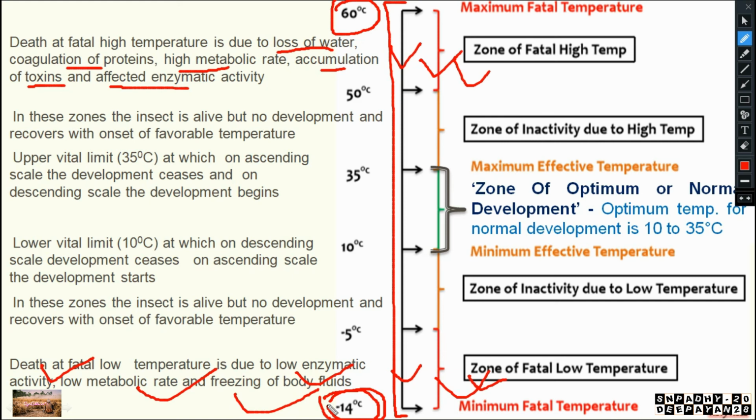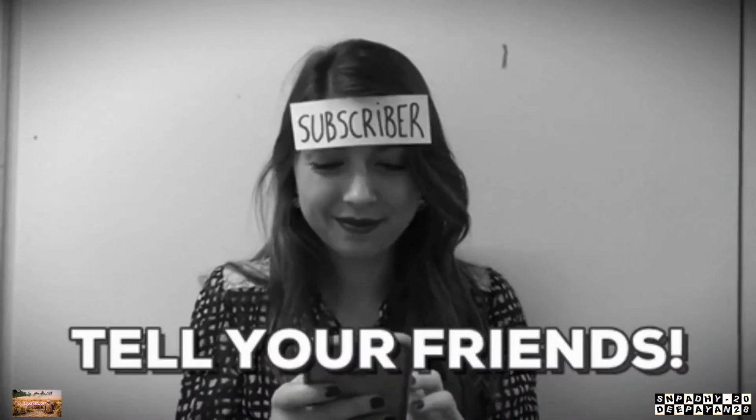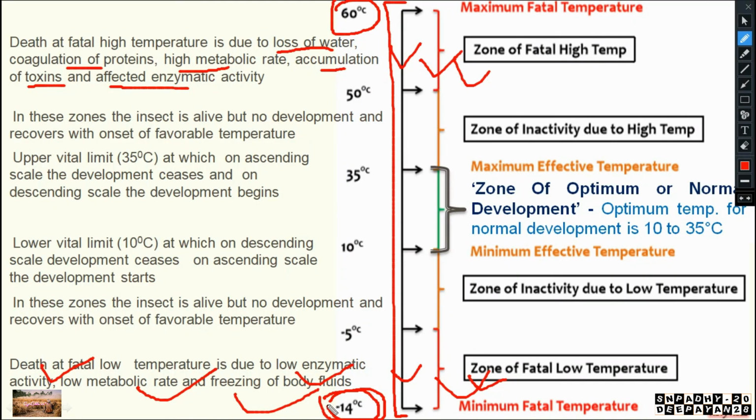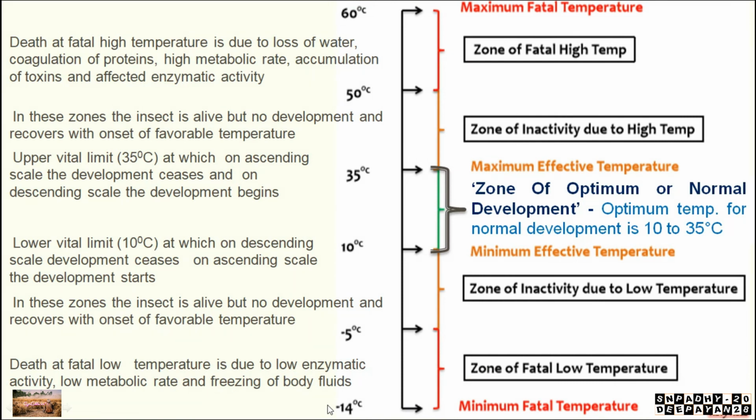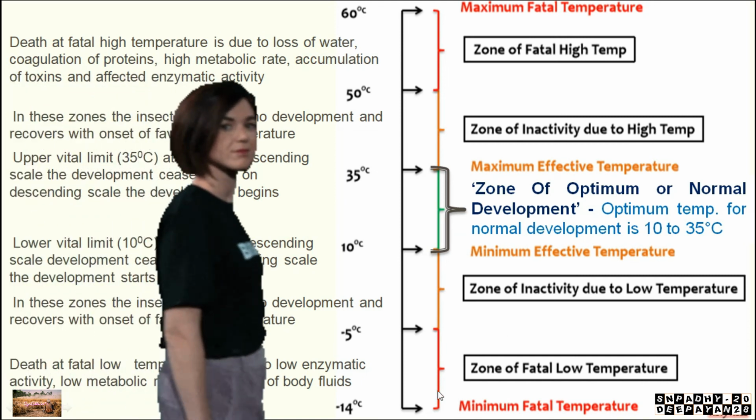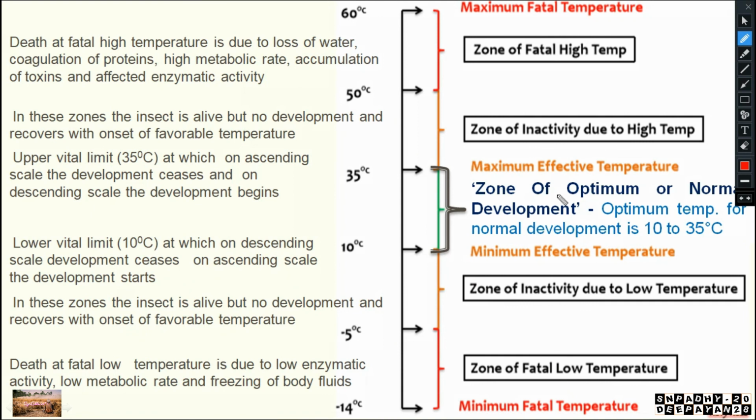Got my point? If any kind of doubt is there, you can ask. So what are the things we have covered in this video? We have understood 6 terms. What are those terms? Maximum and minimum effective temperature. Synonyms are the upper vital limit and lower vital limit, this one over 10 and 35.